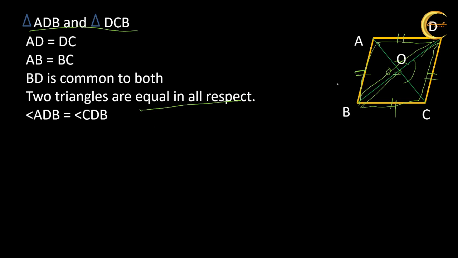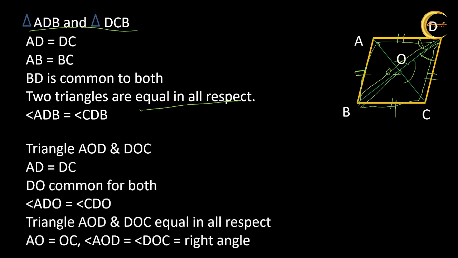So we can say angle ADB is equal to angle CDB. Now triangle AOD and triangle DOC are required to be proved equal in all respects.